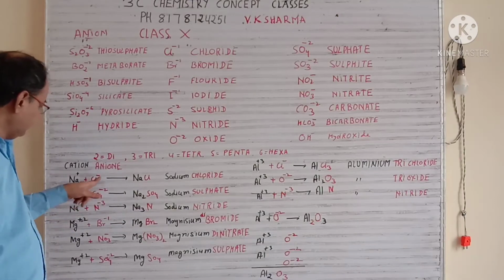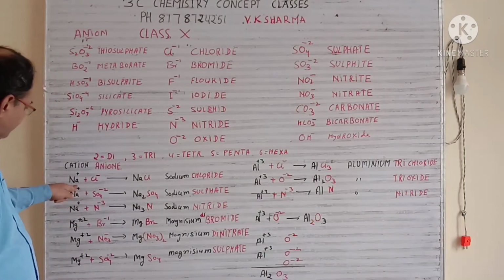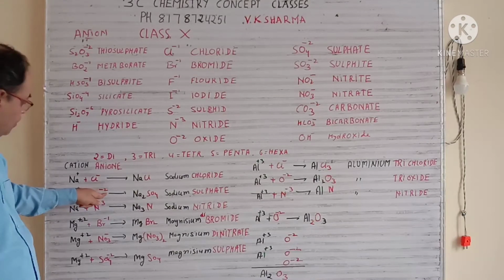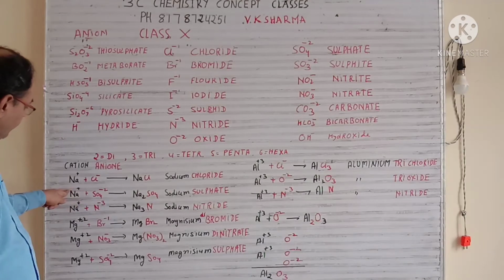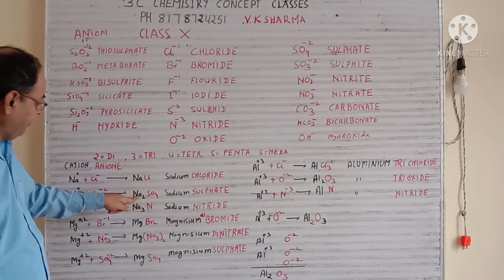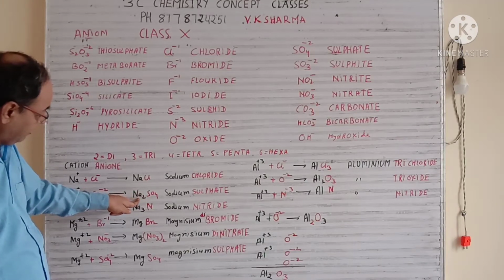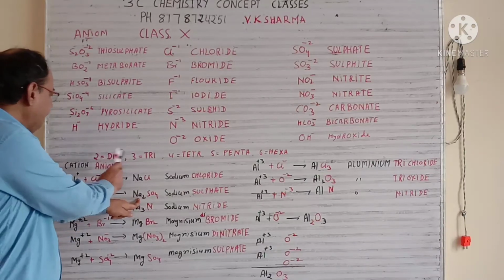Same way, this was minus 1, now I am taking the example of minus 2. So, Na is plus 1, SO4 is minus 2. So, you need one more Na to balance this charge. So, you take Na 2 times. So, this is Na 2 times SO4. See, whenever you have cation 2 times, 3 times, 4 times, you don't have to write di, tri, tetra, penta.